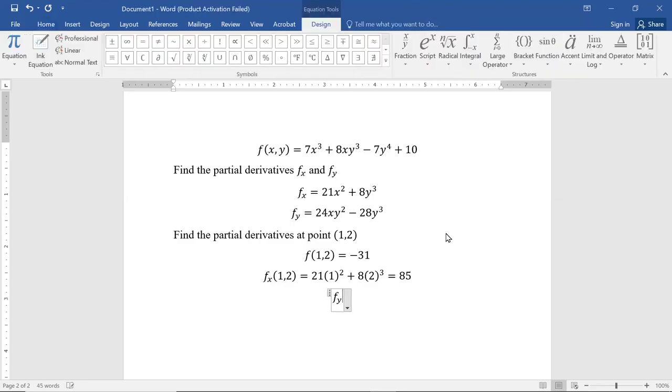My f sub y at the point 1, 2 becomes 24 times 1 times 2 squared minus 28 times 2 to the third, which becomes a negative 128.